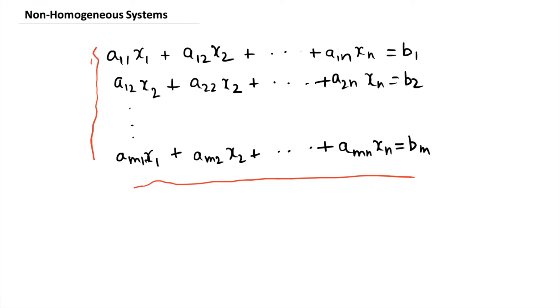The reason is that I'll make an assertion here: if, let's say, x is a solution for the non-homogeneous system, then x can be written as x naught plus xh, where x naught is any arbitrarily chosen solution for this non-homogeneous linear system, and xh is the solution for the corresponding homogeneous system of equations.